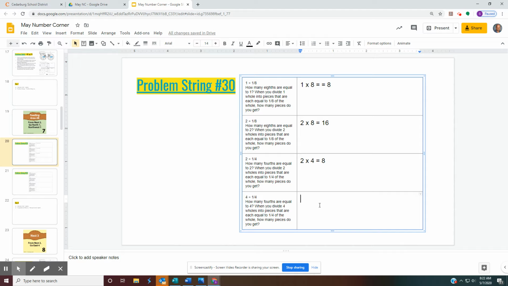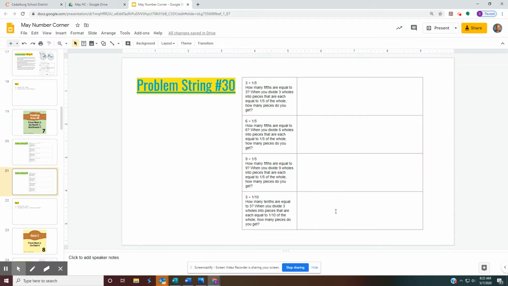Now the next one. Now we have 4 pans of brownies, and we are going to cut those into fourths. So how many fourths would we have? Again, if we follow the same pattern, we have 4 pans of brownies, and each pan has 4 pieces in it, and that would give us 16 total pieces.